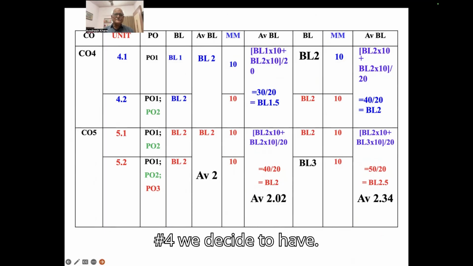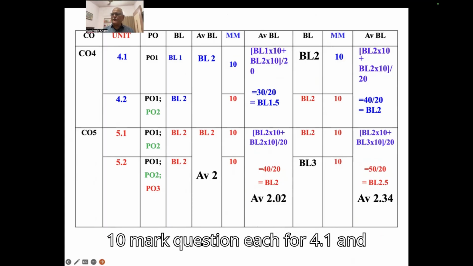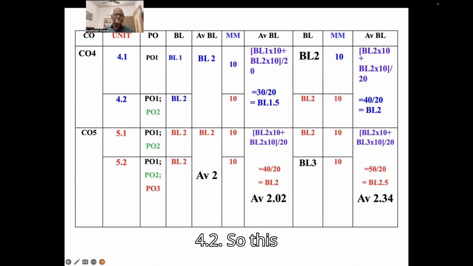For question number 4, we decide to have a 10 mark question each for 4.1 and 4.2. As per the syllabus, the BL level can be obtained as 1.5.